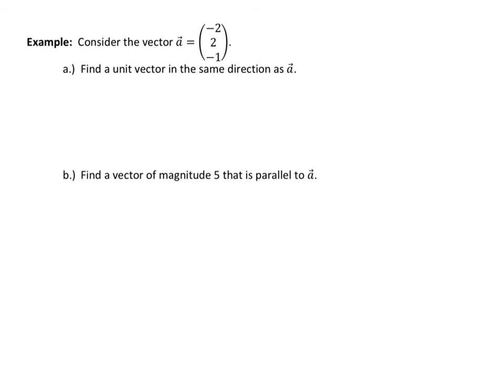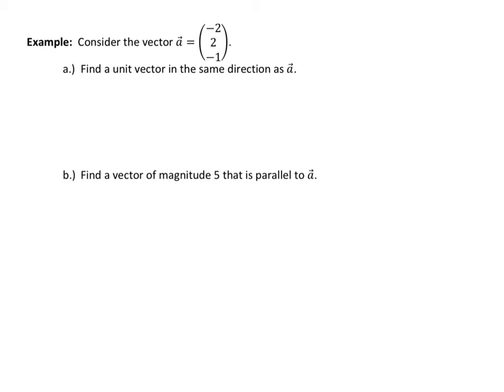First, I want us to consider the vector A, which has components -2, 2, and -1. In part A, I'm going to ask us to find a unit vector that's in the same direction as that one. To do that, I probably need to start by figuring out how long the vector currently is. Maybe it's already a unit vector.